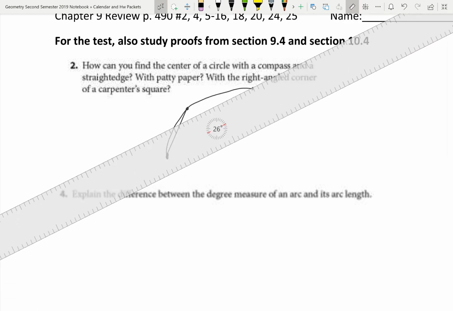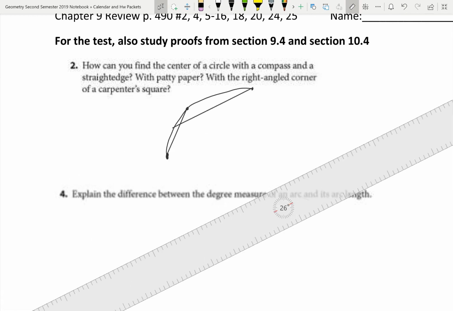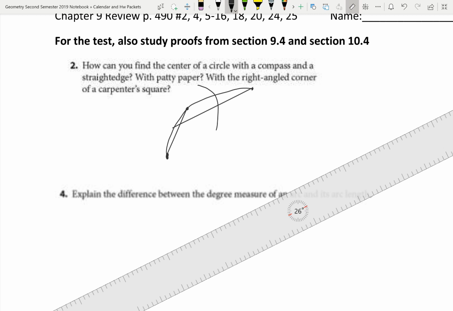Didn't really matter where they were, as long as they were non-parallel. And then you do your perpendicular bisector, and you get a line, but you only know that the center is somewhere on that line. How do you know that?